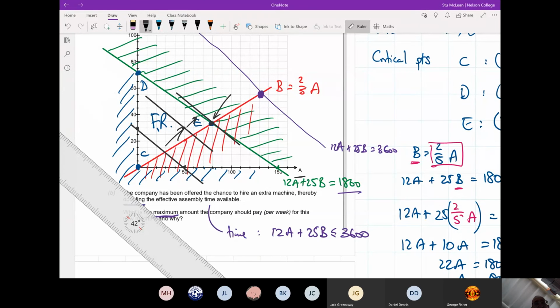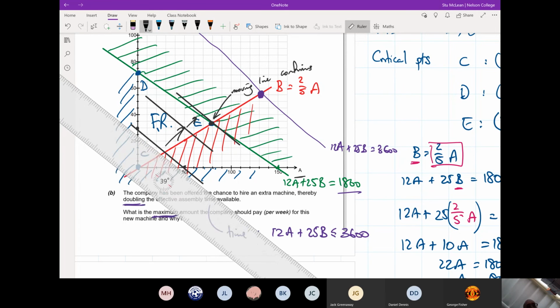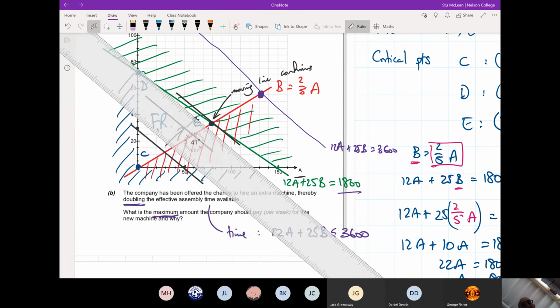So my moving line approach confirms that E is the maximum profit. It doesn't tell me what it is. It just tells me that that's where it is because my profit line function with that gradient of minus 3/5, when I move up and out, it leaves at point E.